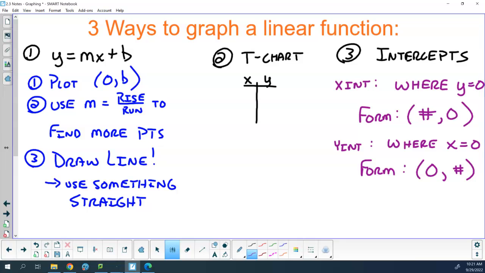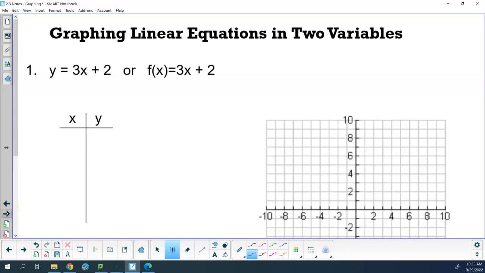We ready? All right, let's graph some lines. Now, lines could be in y equals mx plus b form. That's equation form. Okay? Or some crazy combination thereof.